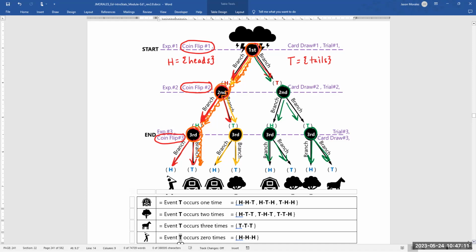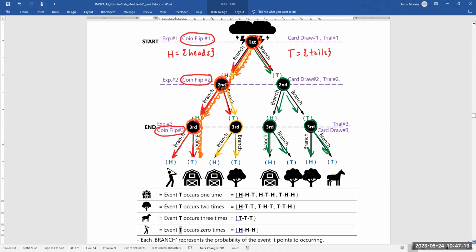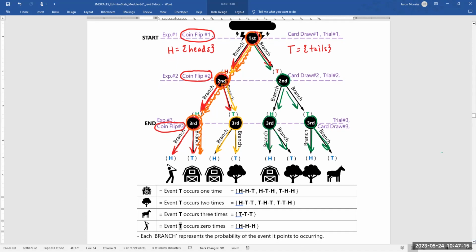So let's see how that translates down below to get a sense of how this relates to probability. So let's say we're going to look at the outcomes of 3 coin flips where tails occurs just one time.